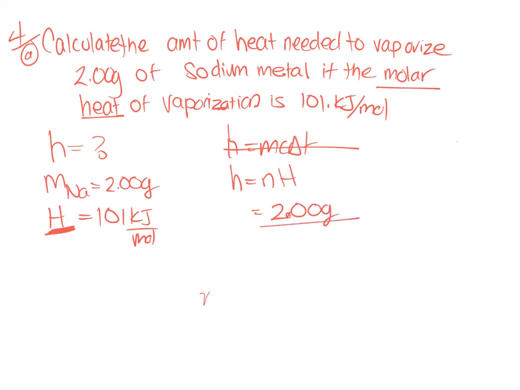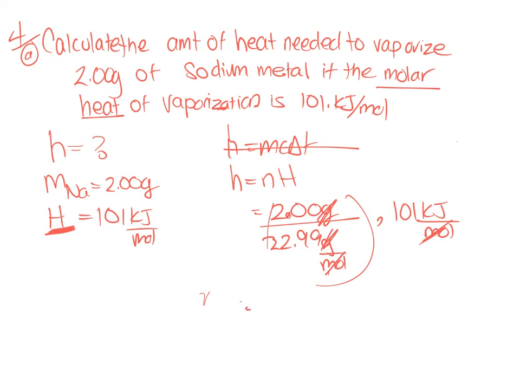Then I'm going to have to figure out what the molar mass of sodium is by looking at my data booklet, and I'm going to see that 1 sodium weighs 22.99 grams per mole, and they actually gave me the molar heat of sodium here, so we do this. Grams cancels off grams, moles cancels off moles, and I'm going to end up with kilojoules. So make sure that you do the 2 divided by 22.99 first, and then times it by 101.